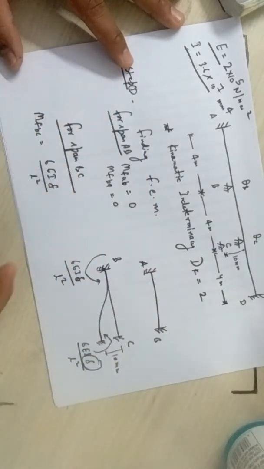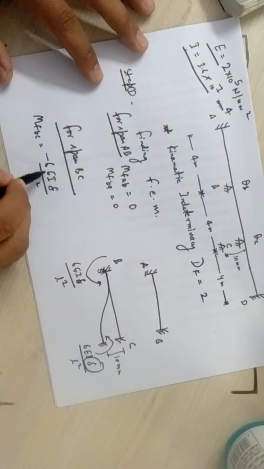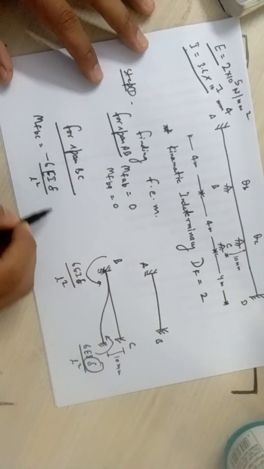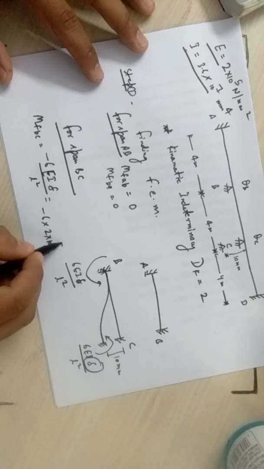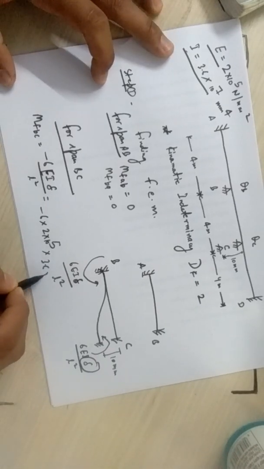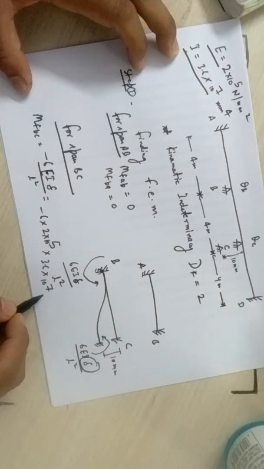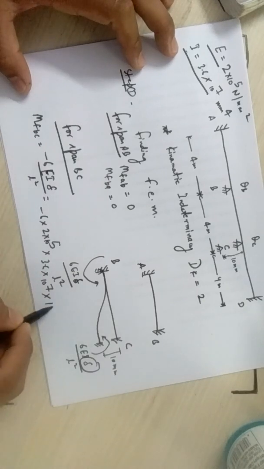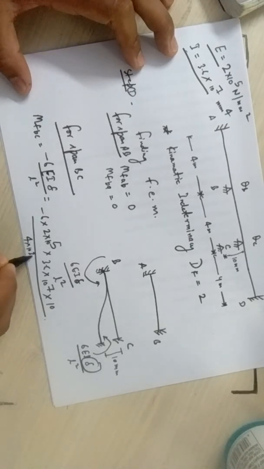Since it is anti-clockwise, and we know that all the anti-clockwise moments are taken as negative, it will be minus 6 into E, which is 2 into 10 to the power 5 Newton per mm square, and I is 3.6 into 10 to the power 7 millimeter to the power 4, and delta is 10 mm upon L square, 4 into 10 to the power 3 whole square.